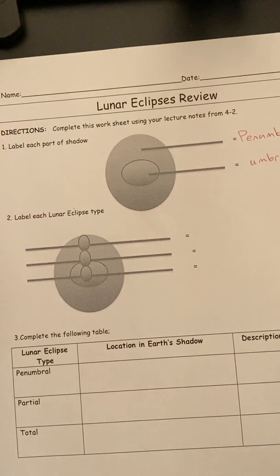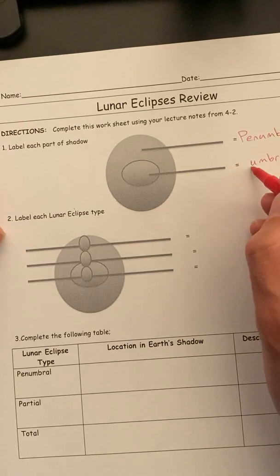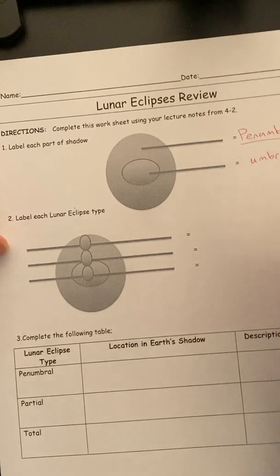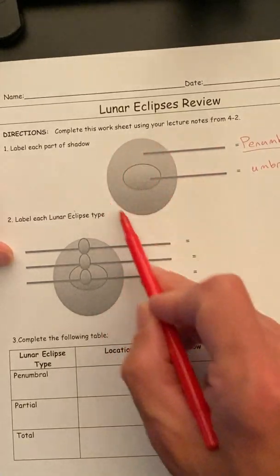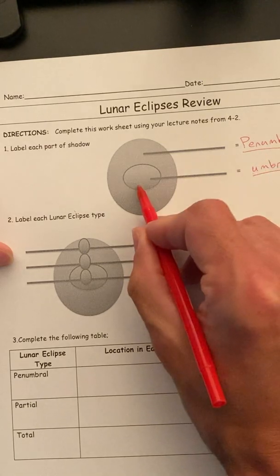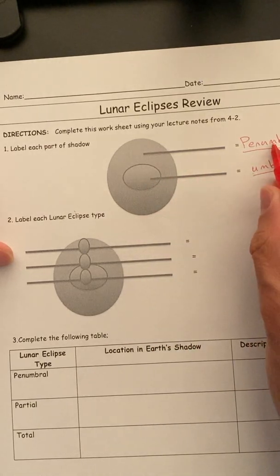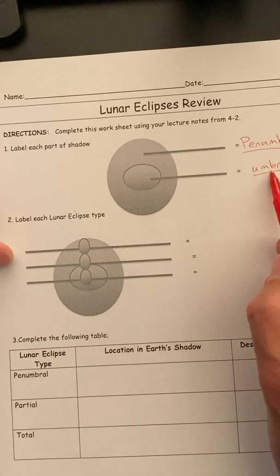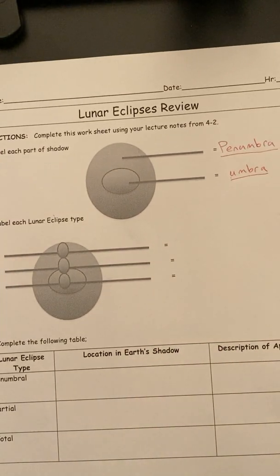The way I kept that straight when I was a kid is I was like, look at this. The penumbra is the bigger word. The penumbra is the bigger shaded or shadow area. The umbra is smaller. The umbra is in the penumbra. So umbra is in penumbra, and that smaller area is going to be where all direct light is blocked out.